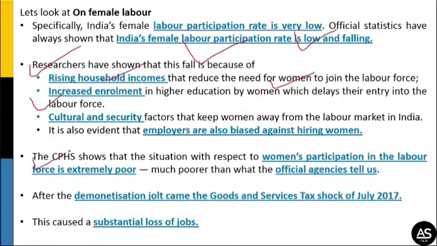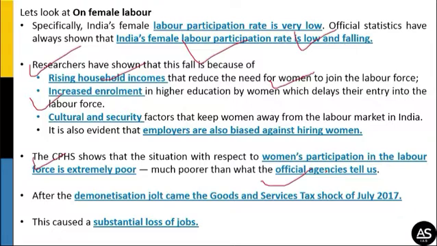CPHS shows that the situation with respect to women's participation in the labor market is extremely poor, and much poorer than what the official agencies tell us. So we can rely on CPHS data, which tells us that the status of women is much poorer than what is shown by the official data.